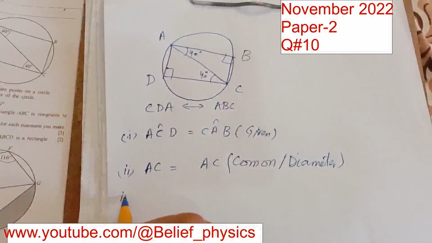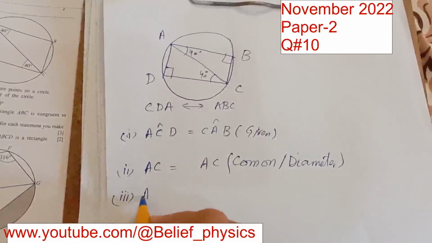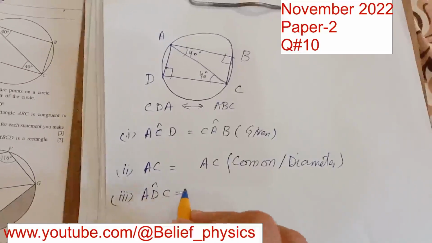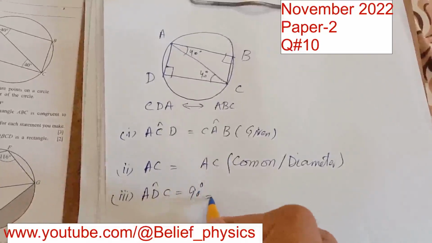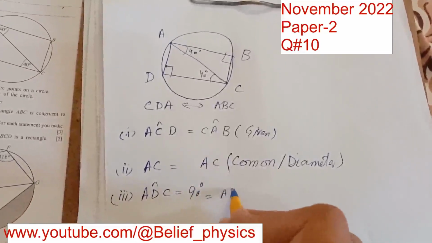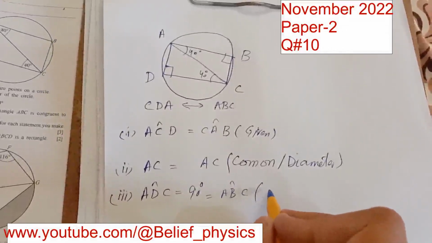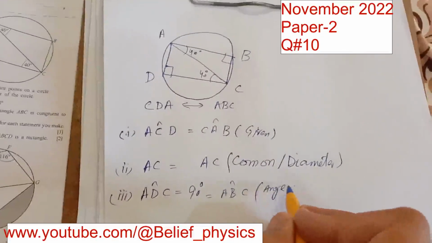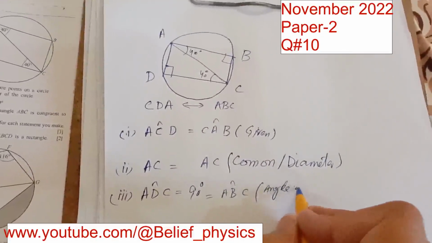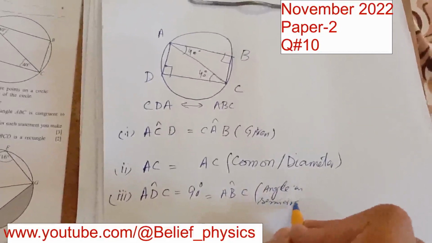So the third property: angle ADC is equal to 90 degrees, and this is equal to angle ABC, and the reason is that this is the angle subtended in a semicircle. So angle in a semicircle. This is the reason. The reason is necessary to mention.